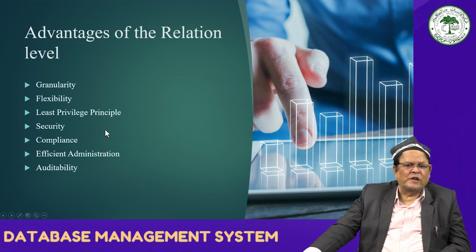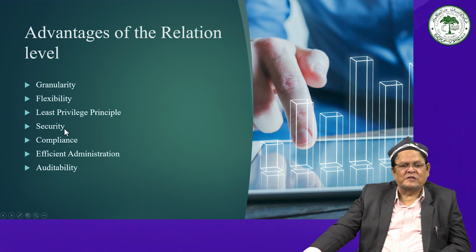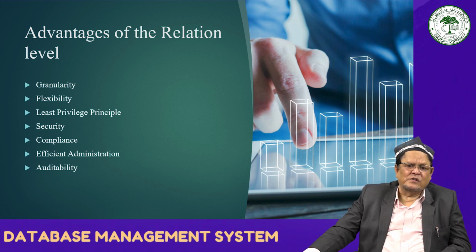Least privilege principles are there. Security is also very important, so you have to make it secure. By this privilege, you are able to make digital data more secure. Compliance: you have to comply with the rules and regulations of the organization so that an unauthorized person cannot access your data or the relations.